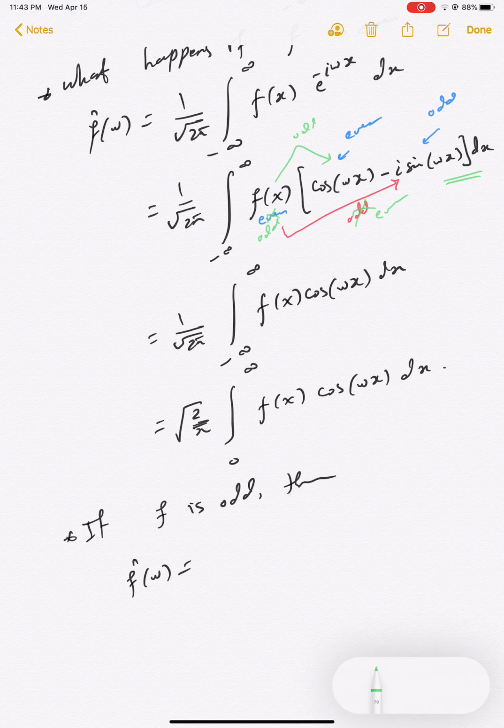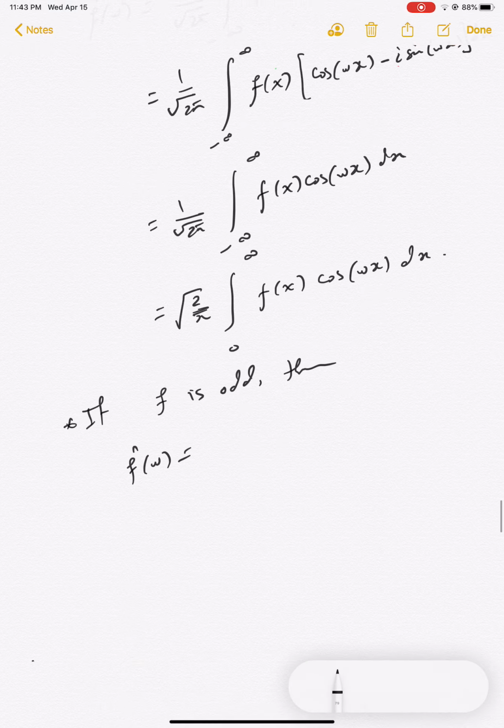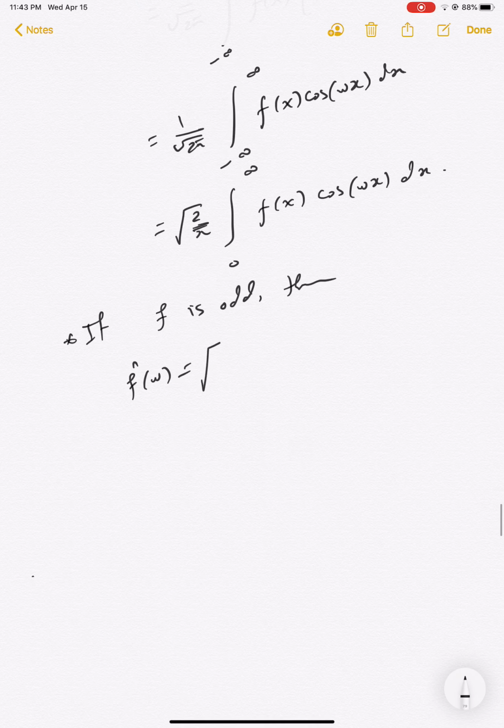So in this case, what's left is basically the sine term, not the cosine term. So the conclusion, if the function is odd, what we will get is root 2 over pi, from 0 to infinity, minus i f of x sine omega x dx.